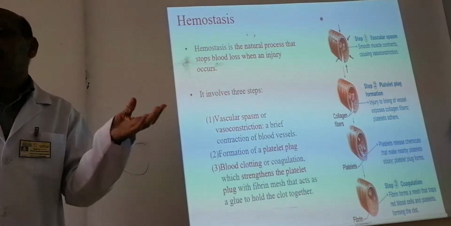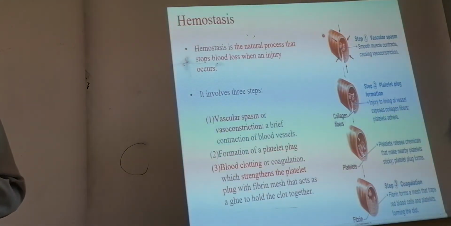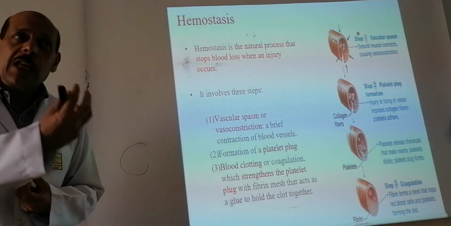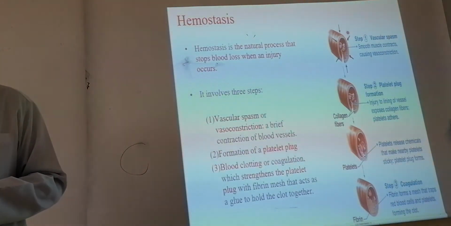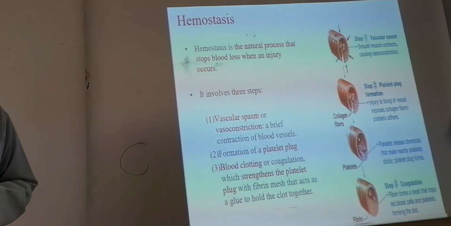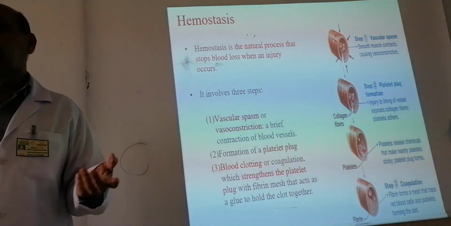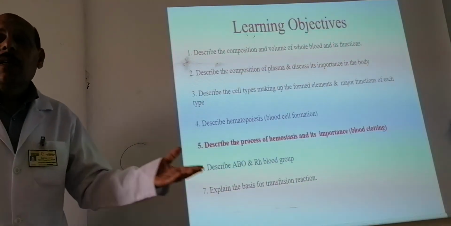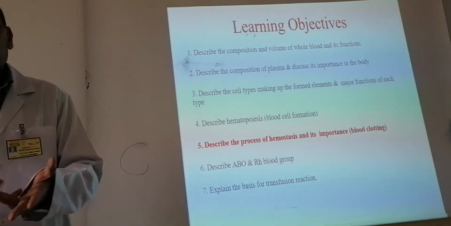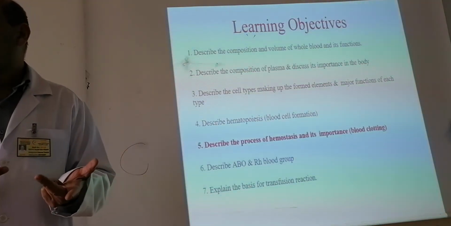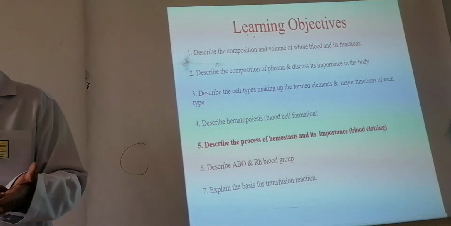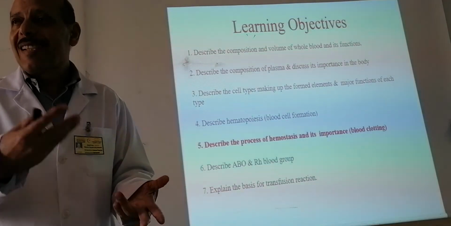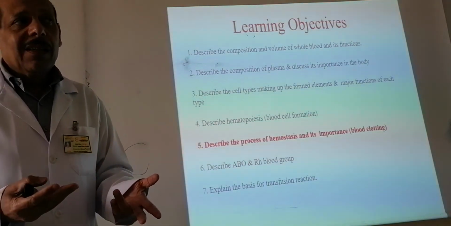If any injury happens to the blood vessels, there should be some protective, physiological measures that prevent the loss of blood from our body. If the blood is lost, it means that no nutrients and no oxygen will reach our body cells. So how would metabolism happen, how can the cells do their action?